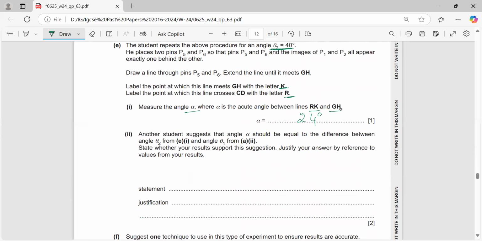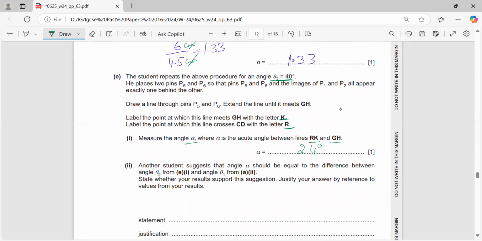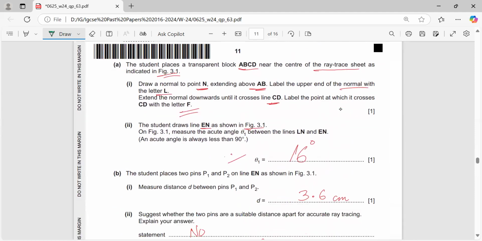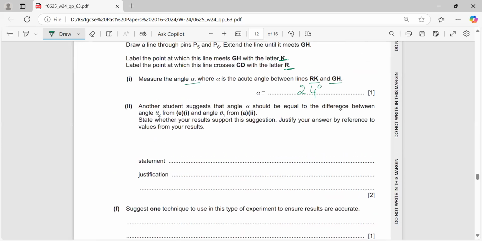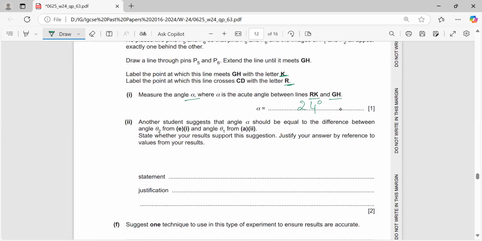Now another student suggests that angle alpha should be equal to the difference between theta 2, which is 40, and theta 1, that was 16. So the difference between theta 1 and theta 2. State whether your results support this suggestion, justify your answer by reference to the values from your results.